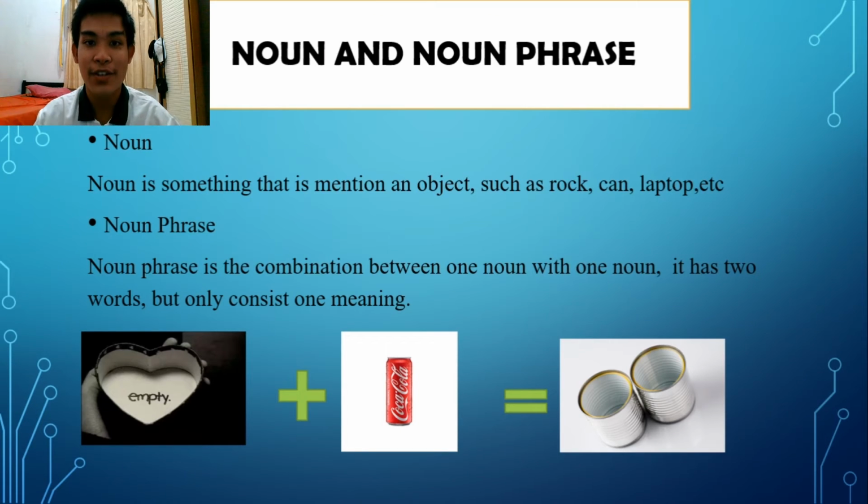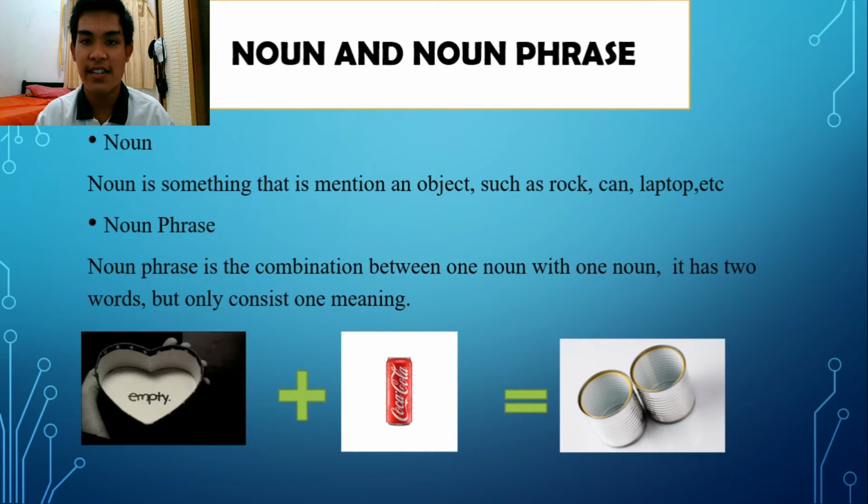So before we get to the topic, firstly I would like to explain to you the basics of cause and effect. There are noun and noun phrase. As you have already known, most of you know, noun is something that is mentioned, an object, or in Indonesia we usually call it kata benda, such as rock, can, laptop, watch, and etc. There's a lot of types of them. And the second is noun phrase.